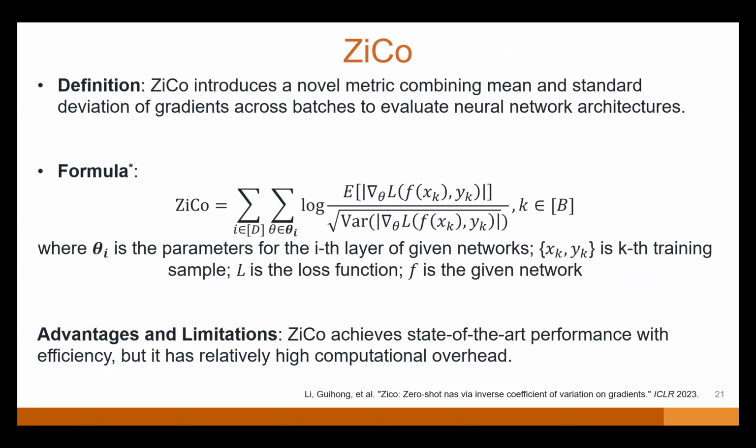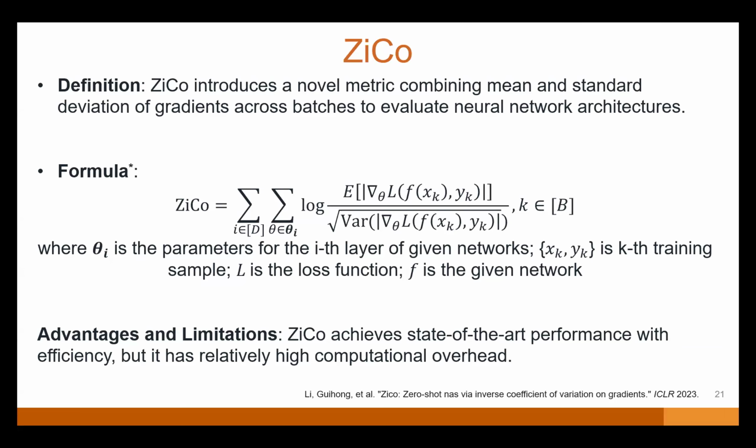Okay, one more level. This is an approach called ZiCo, which we proposed at ICLR last year. This one is even more sophisticated, but it is a significant change as it introduces a new type of metric that combines the mean, you see here the mean, and the standard deviation of the gradients across batches to evaluate the network architecture.